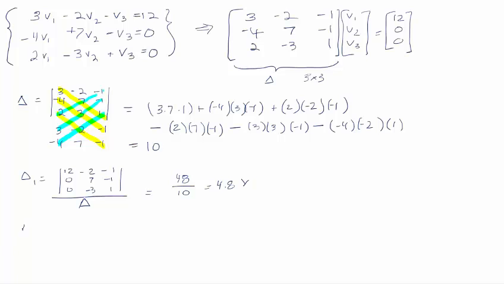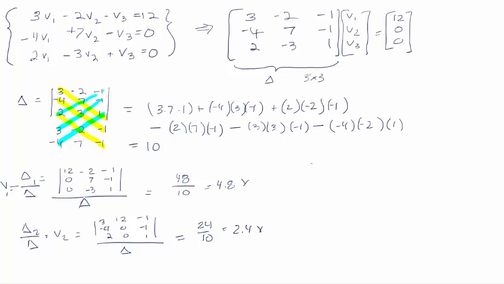You do the same thing, determinant 2. Actually, I want this determinant 1 divided by that equals V1. Determinant 2 divided by determinant of the coefficient matrix equals V2, which equals 3, minus 4, 2, put the 12, 0, 0 in, minus 1, minus 1, 1, divided by determinant of the coefficient matrix, and you'll get 24 divided by 10, which is 2.4 volts.